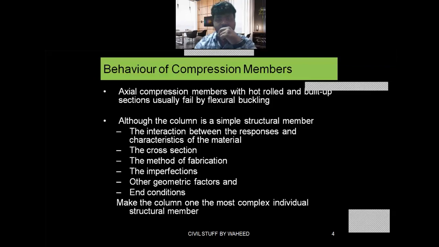Now you are supposed to design the column carefully, since the column is the most complex member in the whole structure, because whatever load is coming is distributed to the underlying foundation through columns only, not through walls or anything.